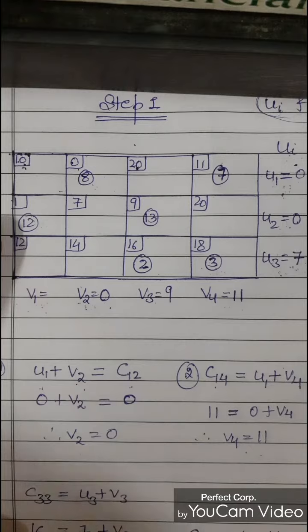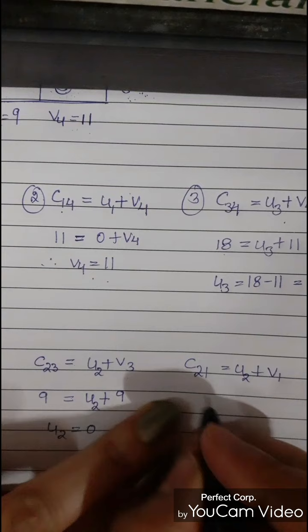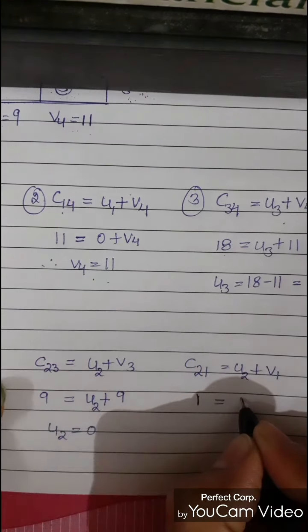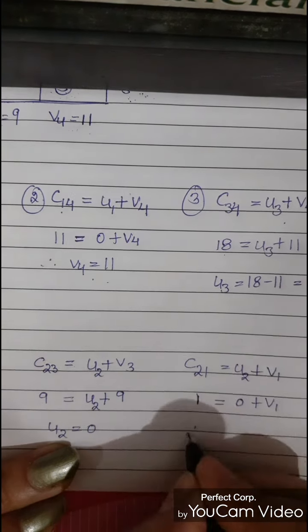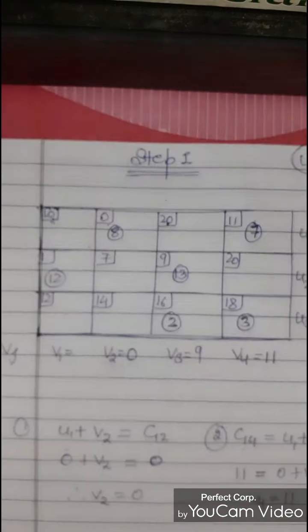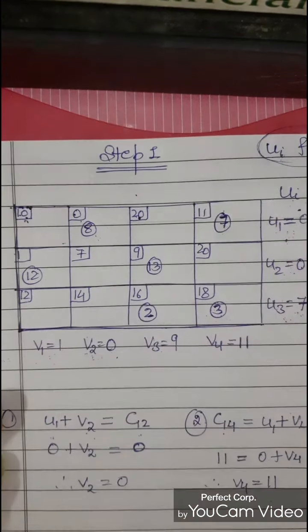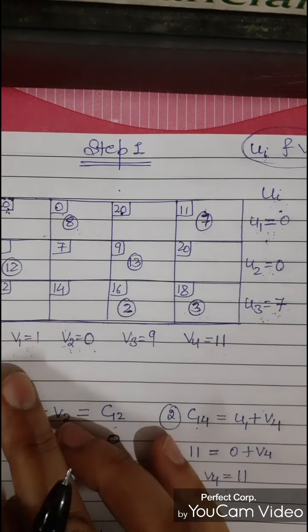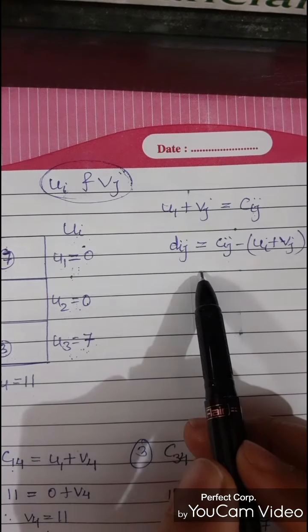So I write C21 equals u2 plus v1. The cost was 1, u2 I have already calculated as 0, plus v1. Therefore v1 equals 1, right? So lastly we put all the values in the table and we get v1 equals 1. Now the values of all the variables have been obtained, and we can go to the next step, that is the step to calculate the value of Dij.